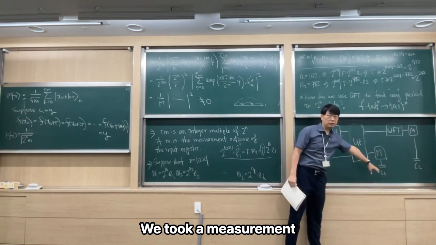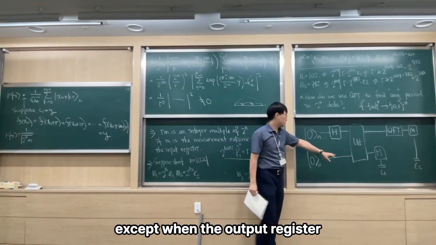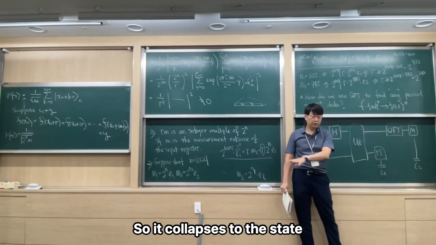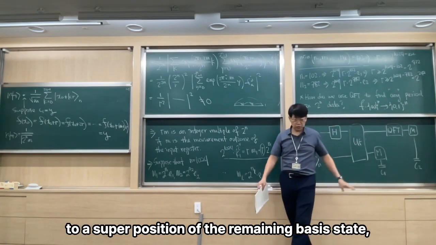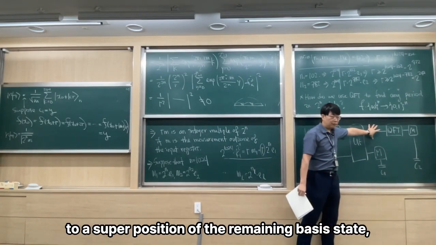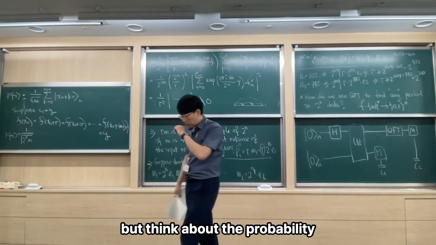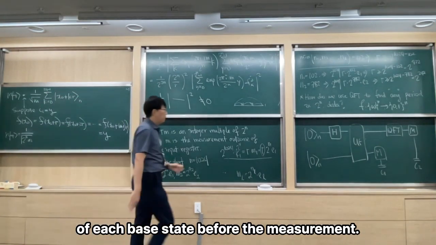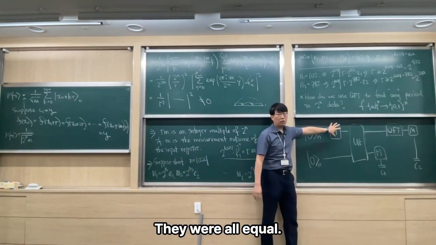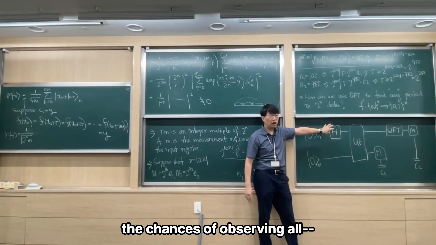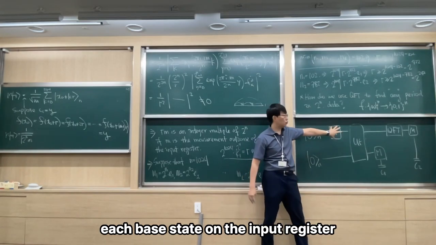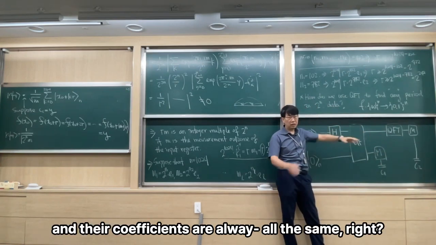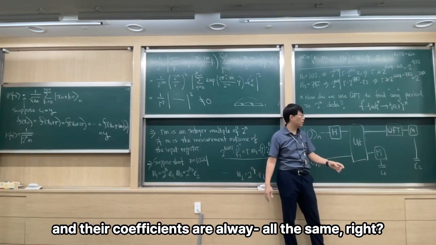We took a measurement and killed everything except when the output register is equal to ket y, so it collapses to a superposition of the remaining basis states. But think about the probability of each base state before the measurement. They were all equal. The chances of observing each base state on the input register before measuring the output register were all equal, and their coefficients are all the same, right?